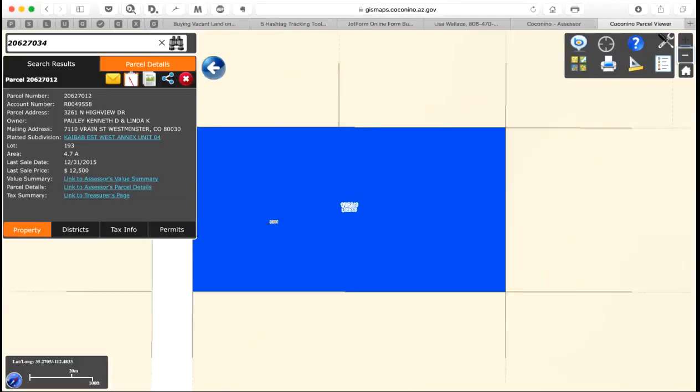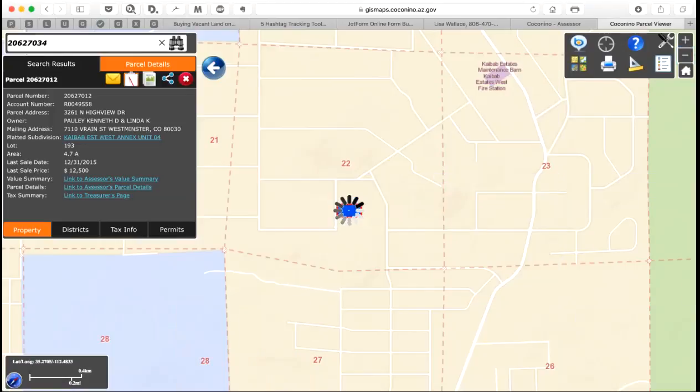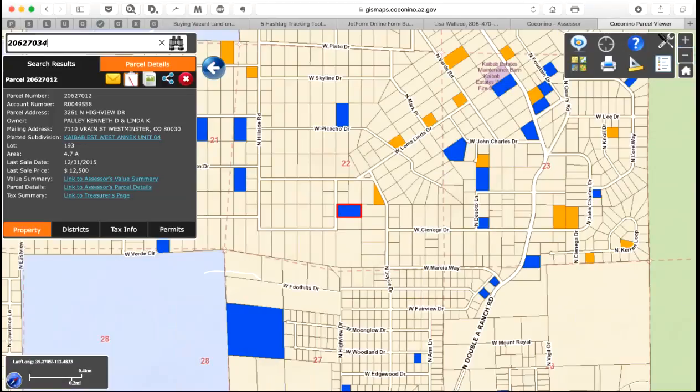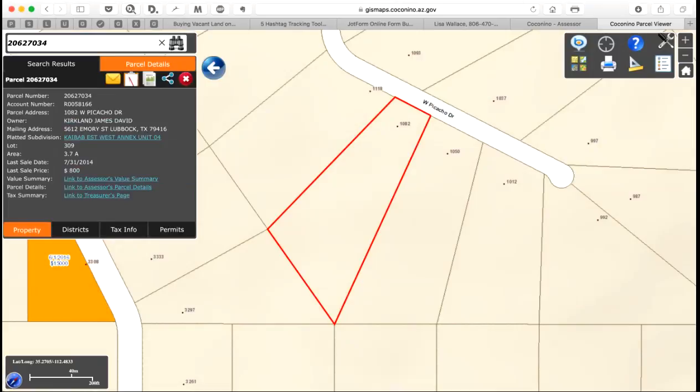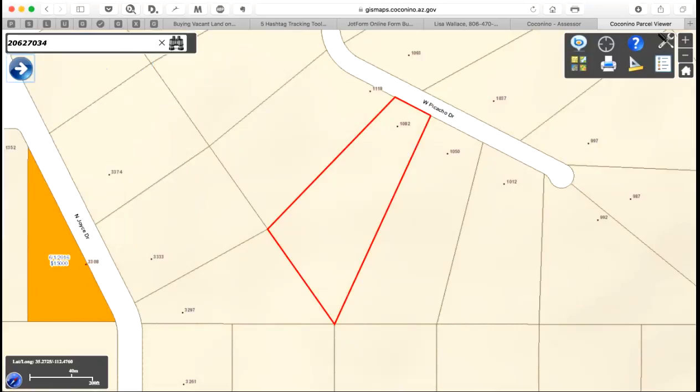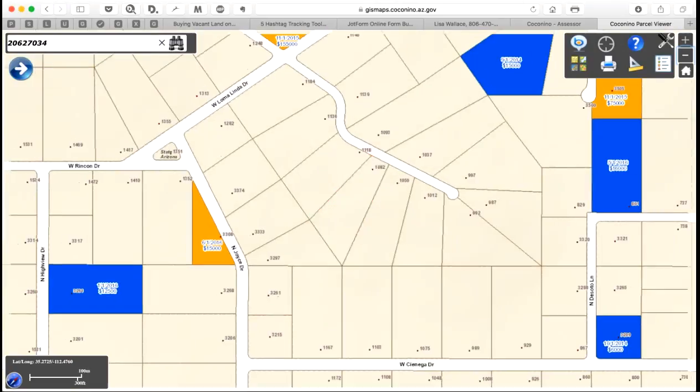Now, if you pull out, and actually let's just center on his property. So there's his property. And get rid of this box, and now I'm going to pull out further.